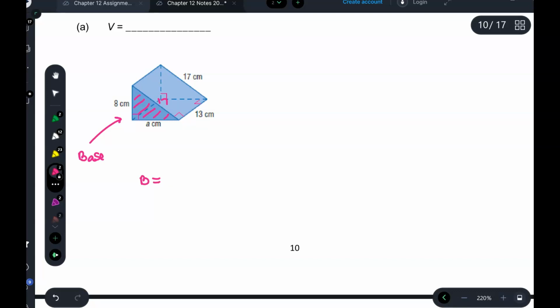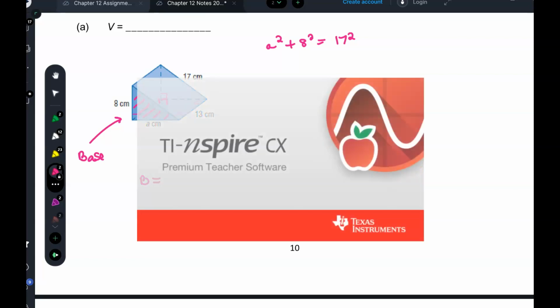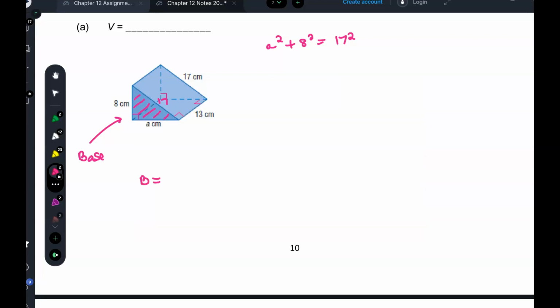Pythagorean. I need to do the Pythagorean theorem. So let's do a squared plus 8 squared equals 17 squared. Yes, we need our calculators. So a squared should be exact. 225.